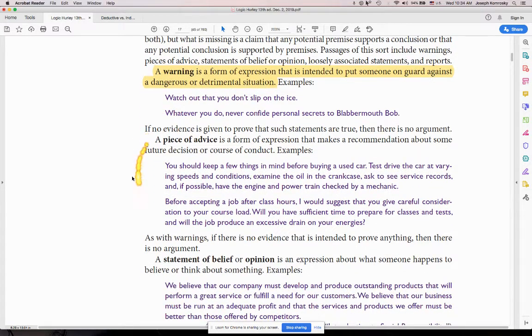Pieces of advice. Read this one. And again, the beautiful thing about this video, even though they're about 30 to 40 minutes, if you find yourself spacing out or you're confused, just stop the video. Do the Hurley reading, come back to the video, or break this video up into multiple parts. Then you can listen to it over and over, okay?